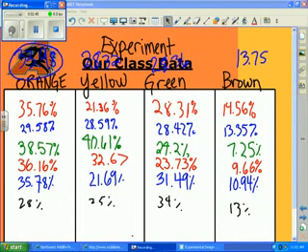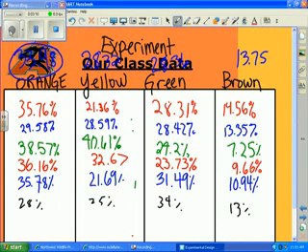Now the interesting thing is that we're probably going to be even closer than we should be because we've got averages of averages going on. And that's what happens later in Chapter 18. We see that when you get averages of averages, you get more accurate. So our experiment is going to be a little more accurate than it probably should be because we're getting averages of averages here in our data.